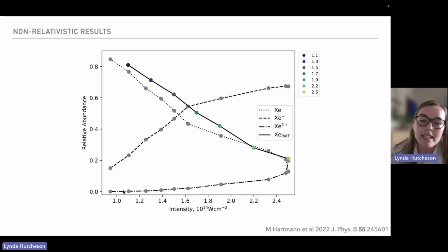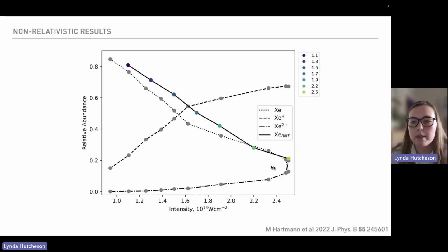And you can see from intensities of about 1.6 onwards, double ionization has a significant contribution, especially at these highest intensities. RMT doesn't yet account for double ionization, but we are working hard on it. So RMT actually becomes less reliable at these higher intensities, and that explains what's going on here. Really, there should be a systematic shift the whole way across, but because we don't account for double ionization, things are less reliable here.